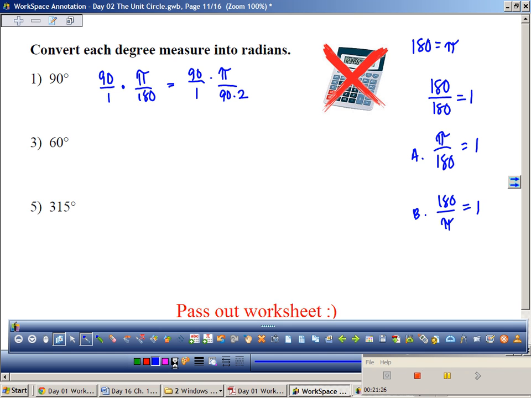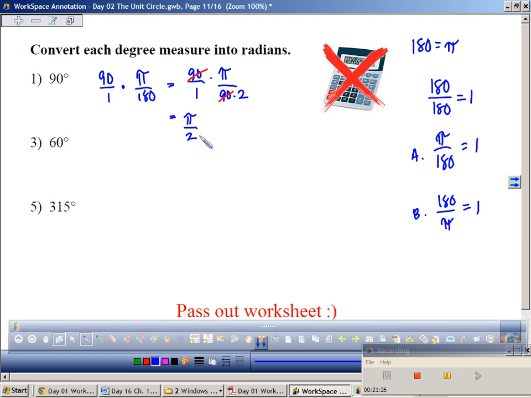What cancels? What are you left with? Pi over 2. Wasn't 90 degrees on our unit circle pi over 2? Right? 180 was pi, so 90 must be half of that. Half of pi. Or pi divided by 2.